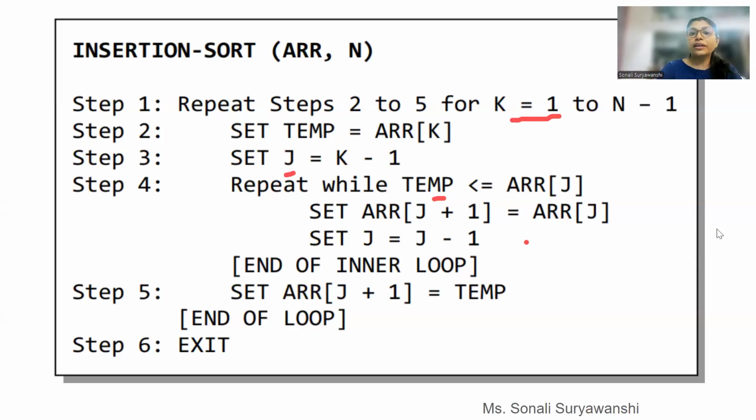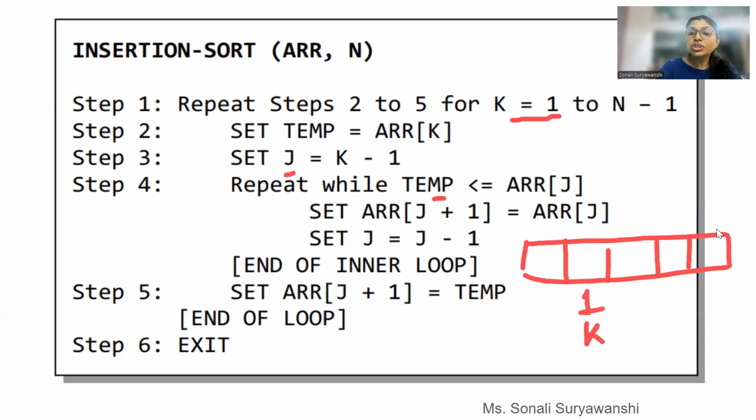If there is an array and let's say k is pointing to the first location, so let's say this is k, then j is exactly the previous value. Whichever location k is pointing to, we put it in the temporary variable and compare this temporary value with the j value, that means the previous values.